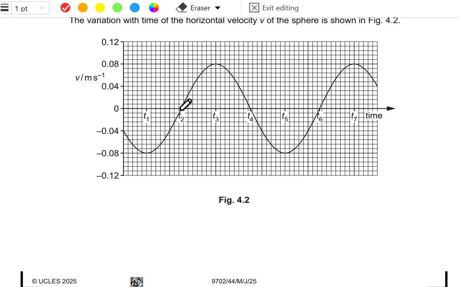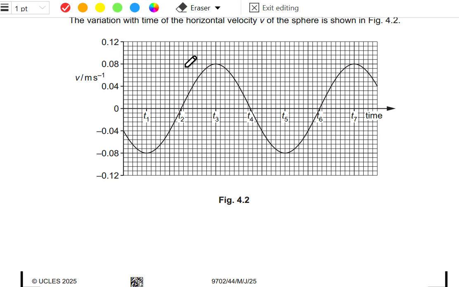Okay, at this time certainly the velocity will be 0. After that it will go rightward again and reach the equilibrium with a maximum positive value for the velocity.